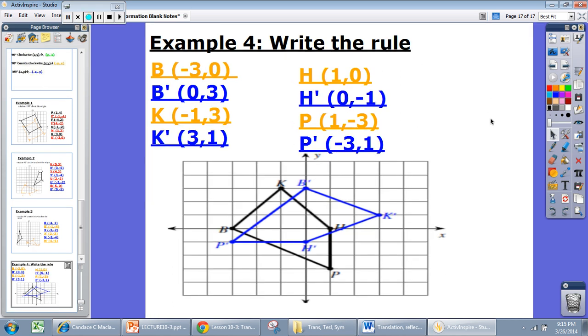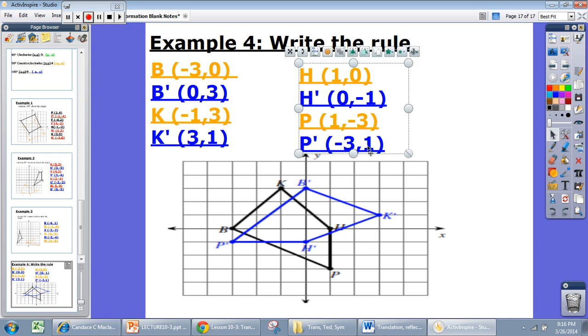Now that we have all of our switches, let's see what we have going on. They switched it and made x negative. In this case, they're already negative, so they made them positive. Switch it and make x negative.